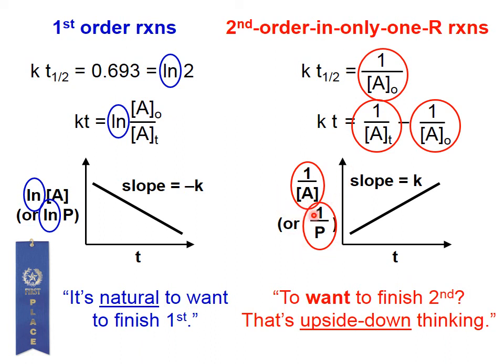You see, you got the 1 over. Anytime you have a second order reaction, it's the 1 over relation. To want to finish second, that's upside down thinking. Now, sometimes you finish second, and it's not bad to finish second, but to set the goal of finishing second, that's no good. It's upside down thinking.